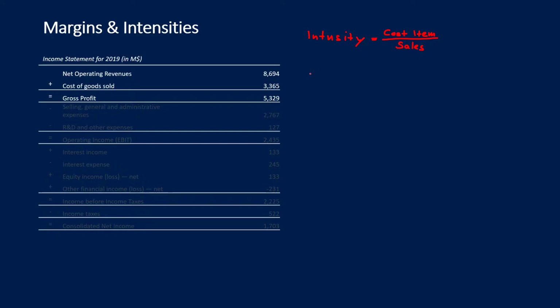And a margin is defined as the ratio between a result item and sales.